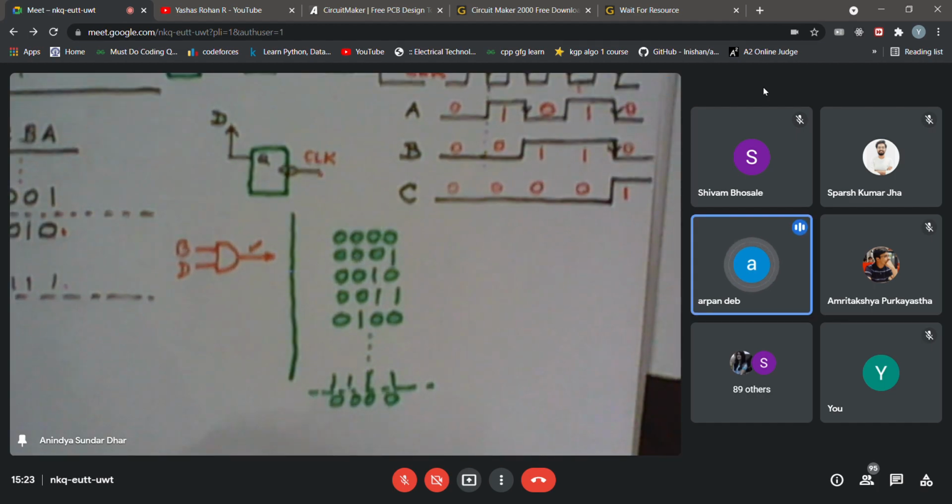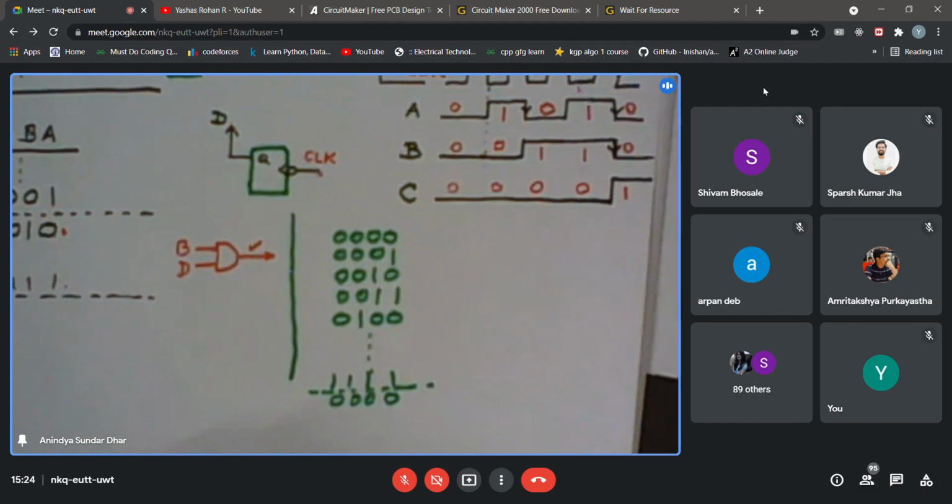A NAND gate? NAND will capture when they are all 1, then it becomes 0. But I require the other one: when they are all 0, it should become 1. So it should be the NOR gate. The 4 inputs A, B, C, D I can put on a NOR gate.